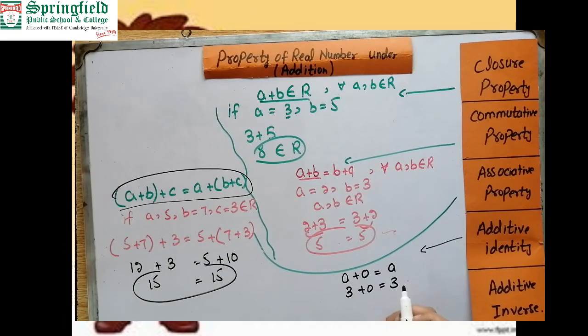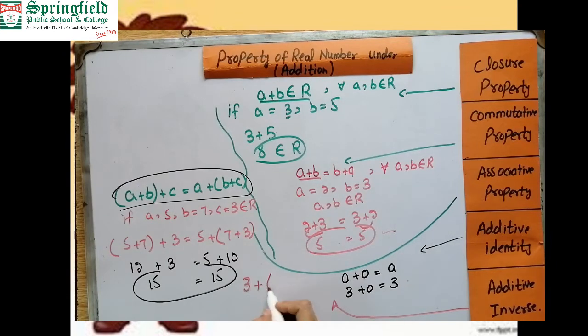Understood? And the next one is the additive inverse. The additive inverse property means that for every a belonging to R, there is an additive inverse. Let's suppose 3 is a real number. What will be the additive inverse of 3? Additive inverse means the opposite.